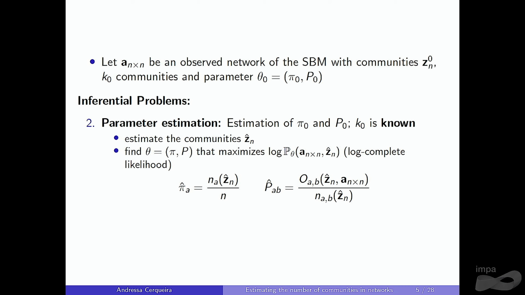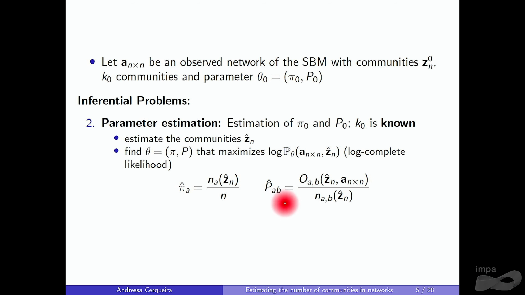So if we do so, we need to find theta that maximizes the log complete likelihood. And what we get here is that p hat A, the probability to have a node in community A, is just how many nodes are in community A in z hat divided by the number of nodes in the graph. And the same for p hat. So the probability to have an edge between nodes that belong to community A and B is just how many edges I have using the z hat, right?